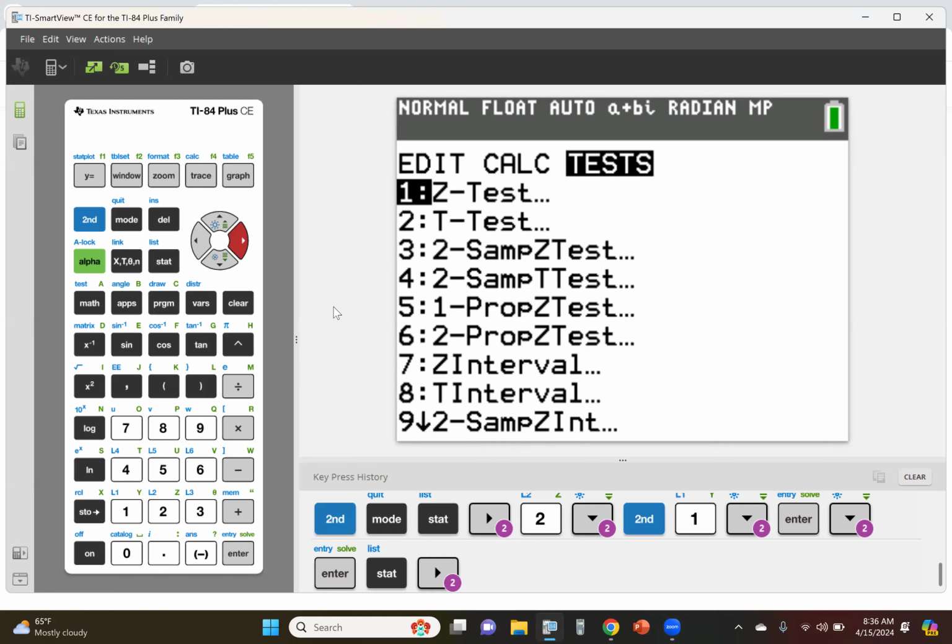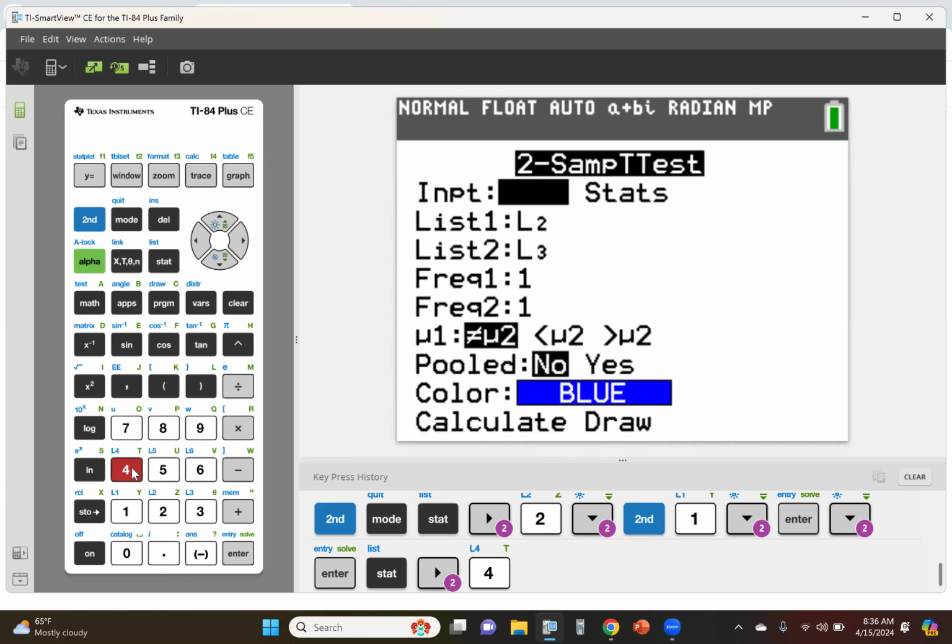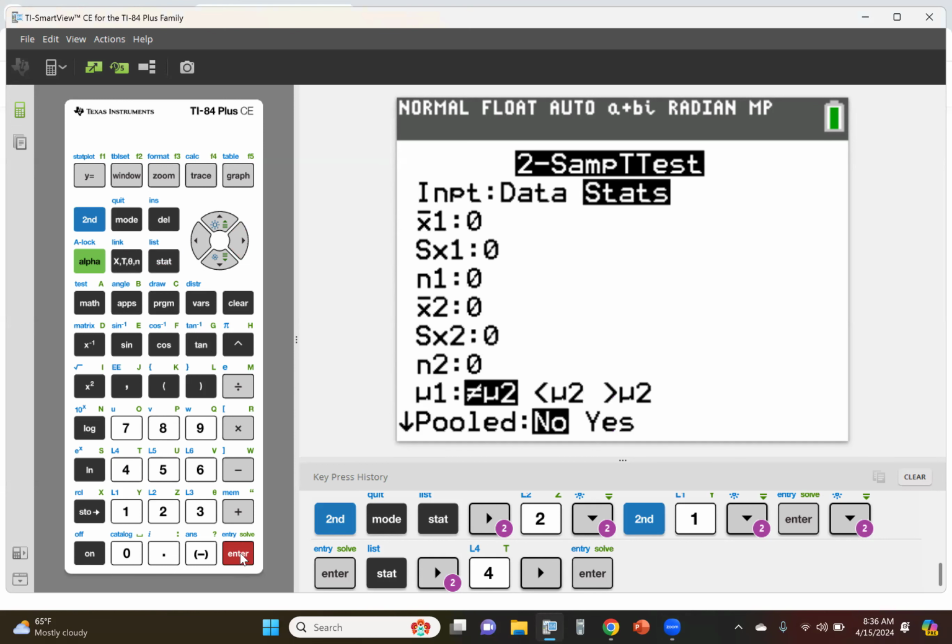A two sample t-test is number 4. I'm going to do it with statistics because they gave me the averages and the standard deviations, correct? Okay, so for the rock music, it took an average of 20 days. So x bar sub 1 is 20 with a standard deviation of 15 days.